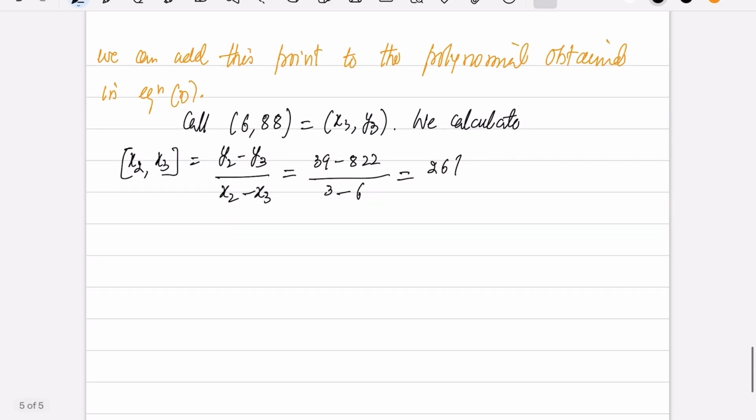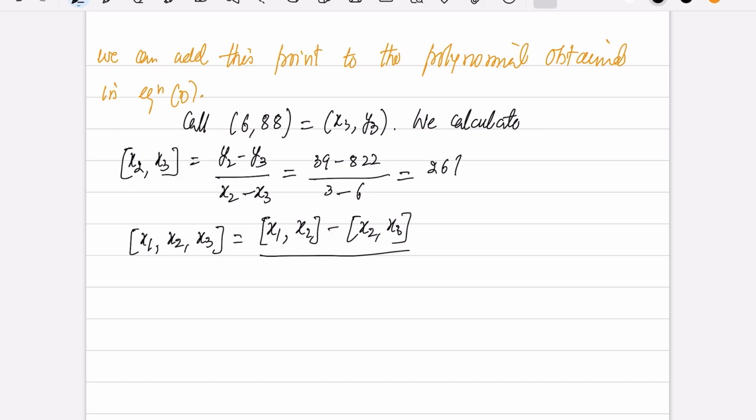And similarly we will compute [x1, x2, x3]. Now this will be equal to [x1, x2] minus [x2, x3] whole divided by x1 minus x3.